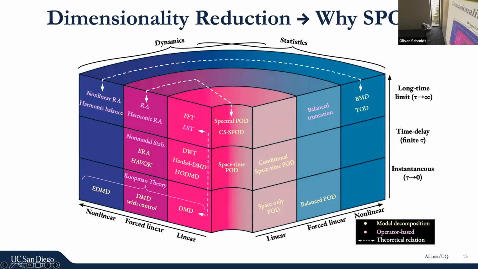But it lives at this interesting intersection of dynamics, everything that has a d/dt, and statistics, everything that is average. It kind of has both, because we can get discrete time continuous expansion coefficients for these statistical objects that the SPOD modes are in the frequency domain. Okay, so this is just to put things into perspective.